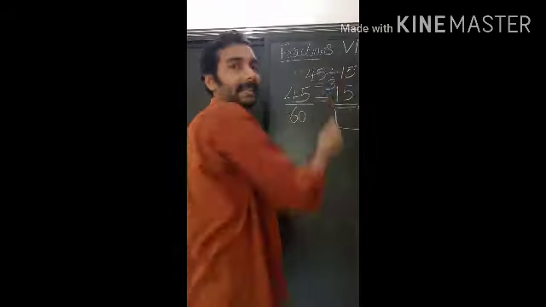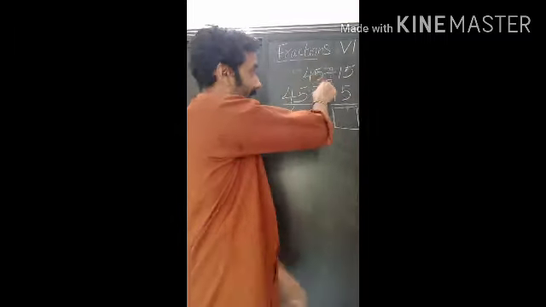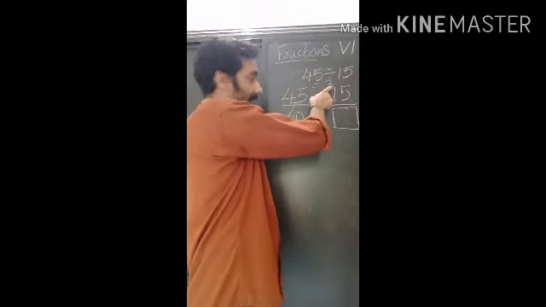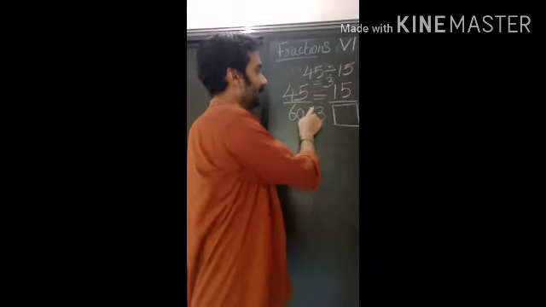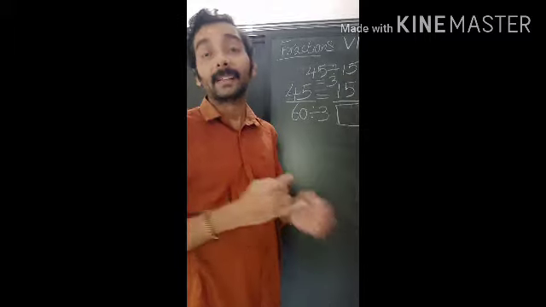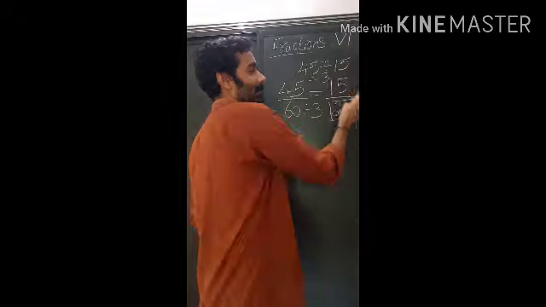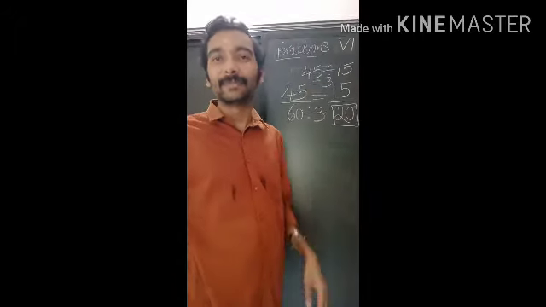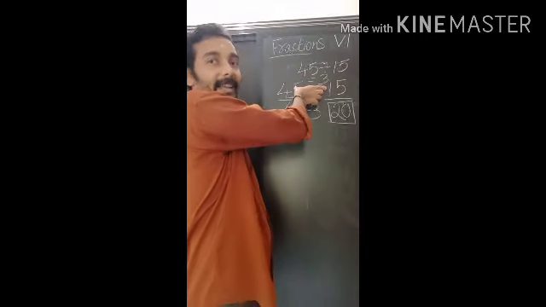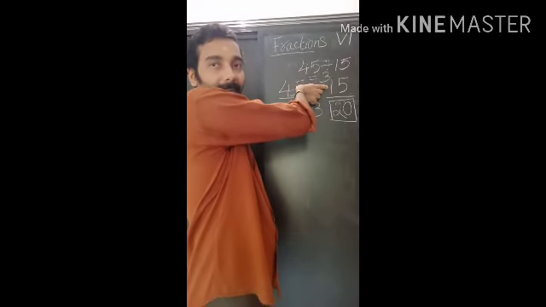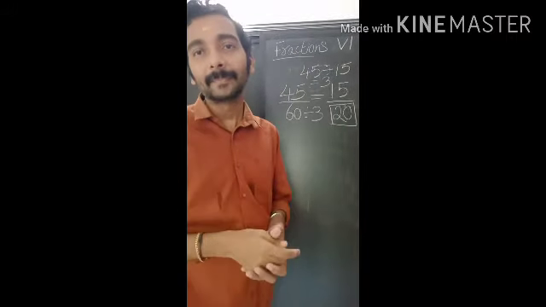Yes, 3. Then 60 divided by 3 is 20. That is the major difference. This number is greater, so we do not multiply, in this type we divide. In the previous question it was less, so we multiplied. That is the major difference.